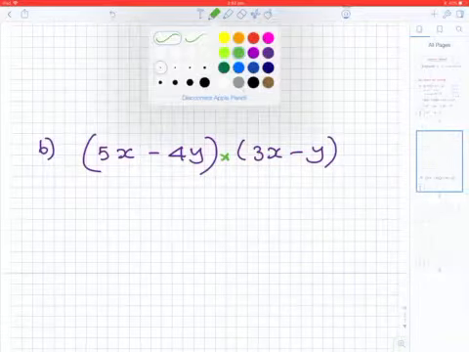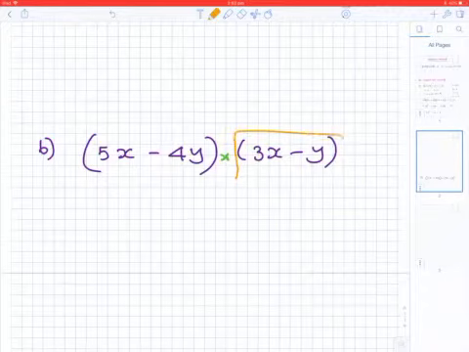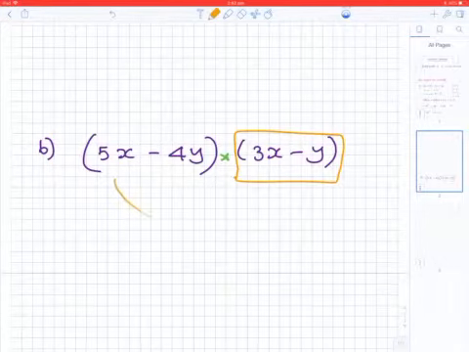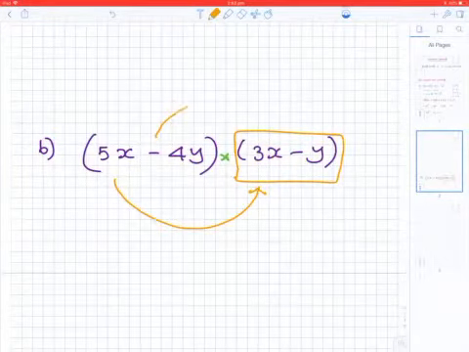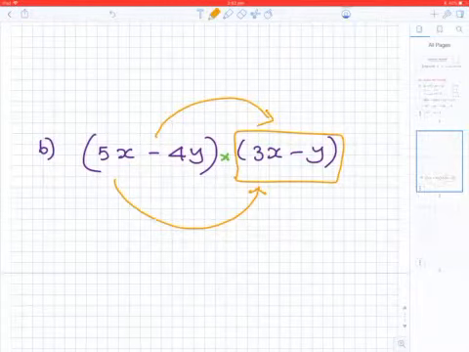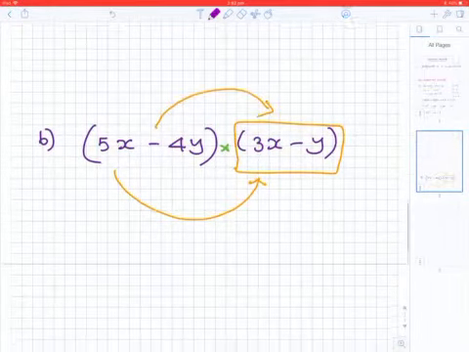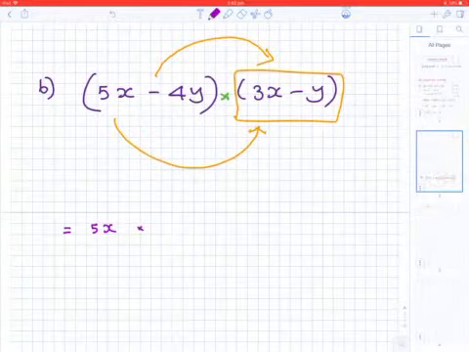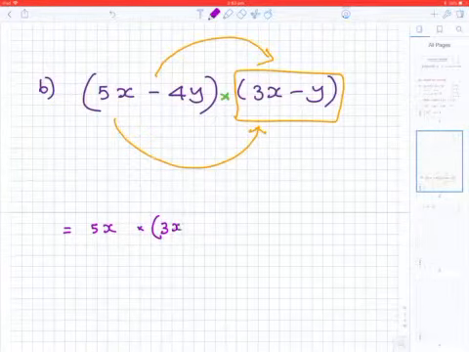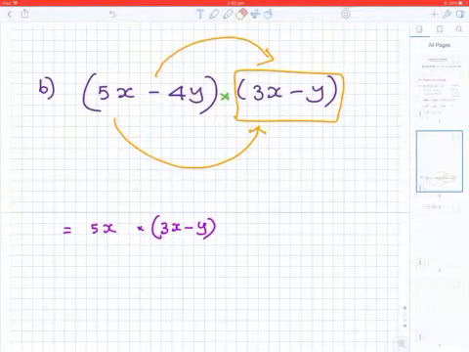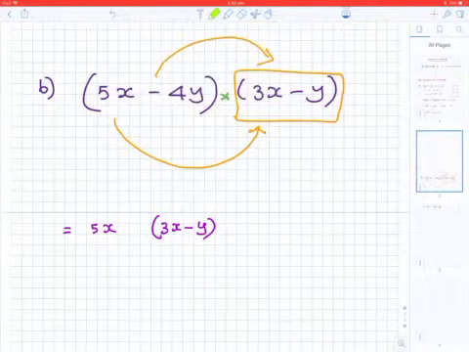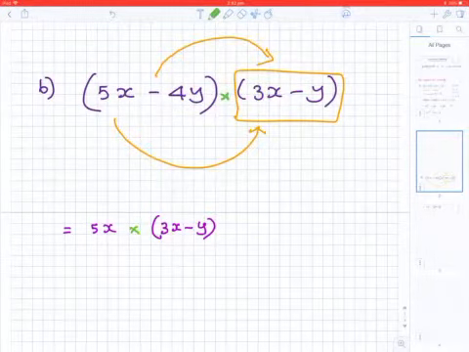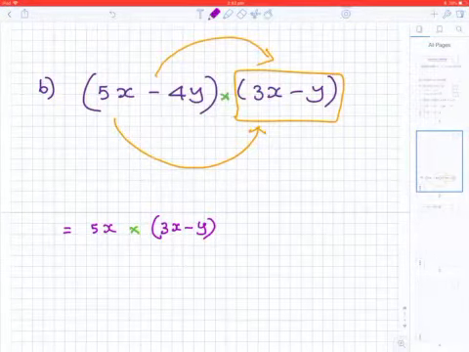But if I want to do that, I can do it in two different ways. All I can do is put a kind of box around and expand. When I do that, I do 5x times the whole box, and then minus 4y times the whole box. I'm going to do that method. First I'm writing 5x times bracket 3x take away y, I just use different colors.